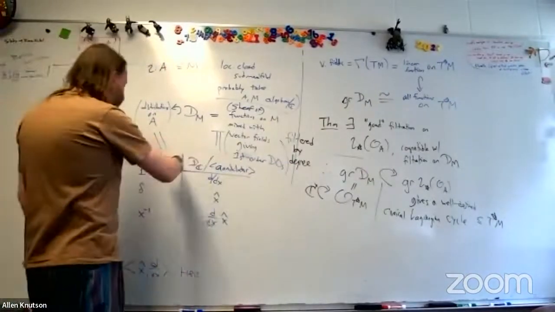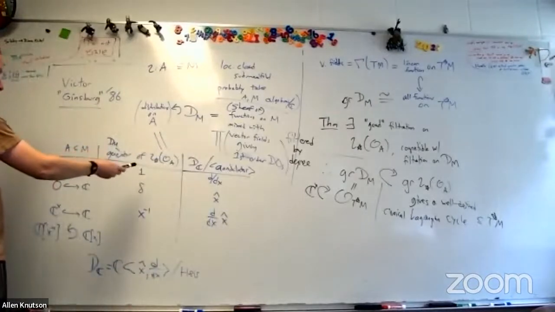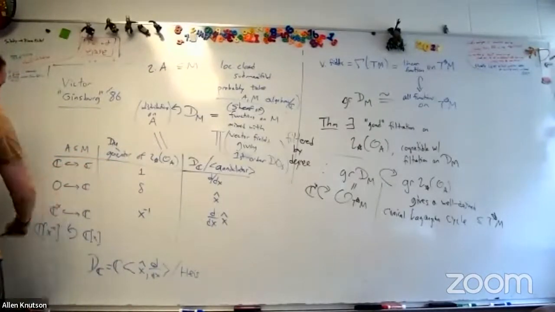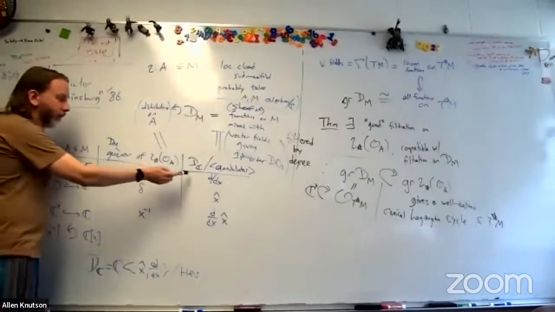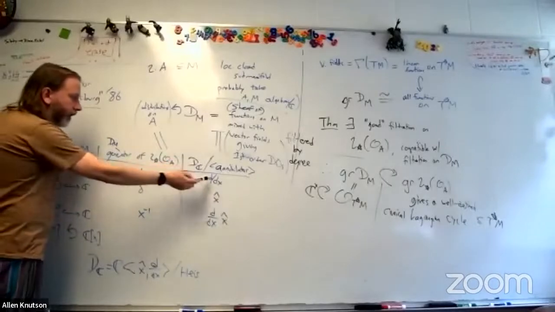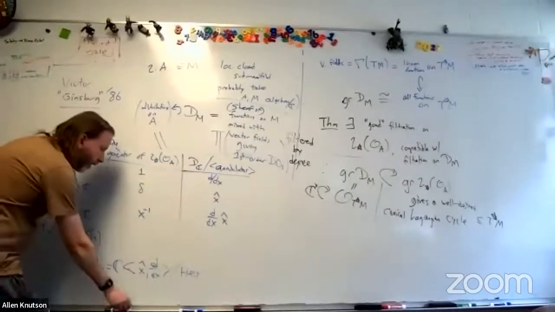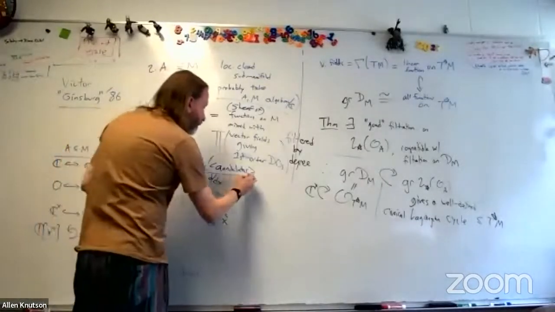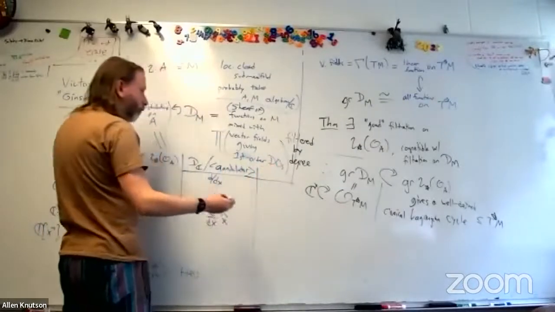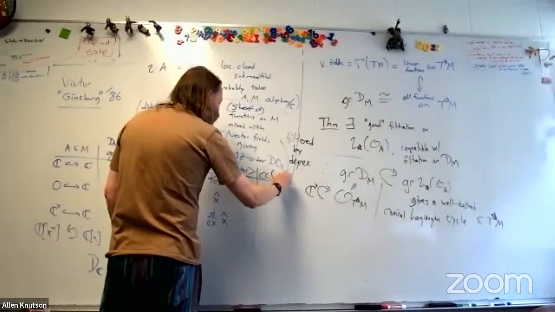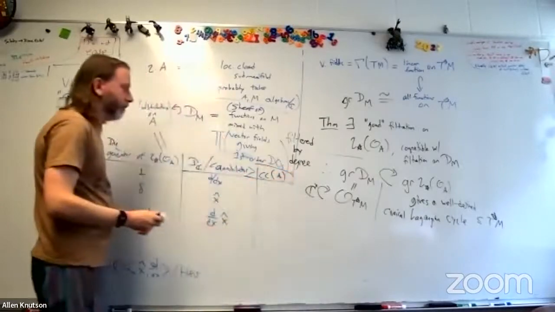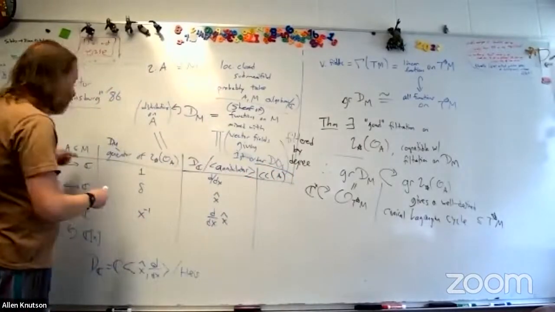Okay, so let's do that in this case. I have these three different locally closed submanifolds of C, and they're getting me these three different D modules, D modulo this thing. And let's complete this picture to think about the characteristic cycle of this subvariety A that we had here.